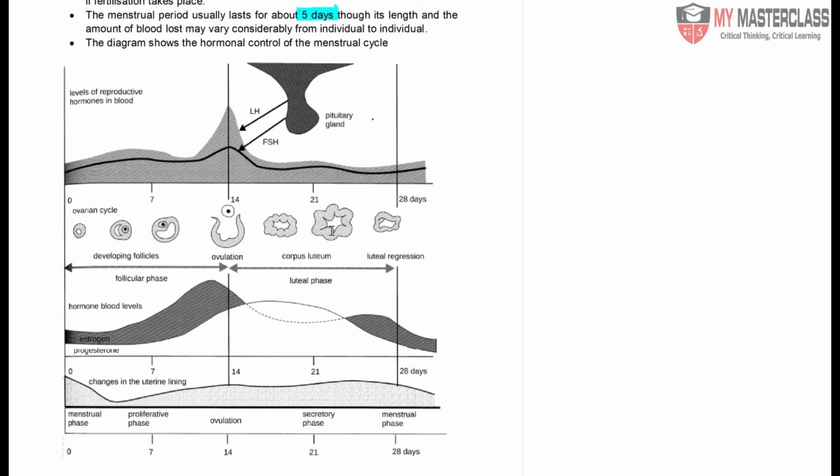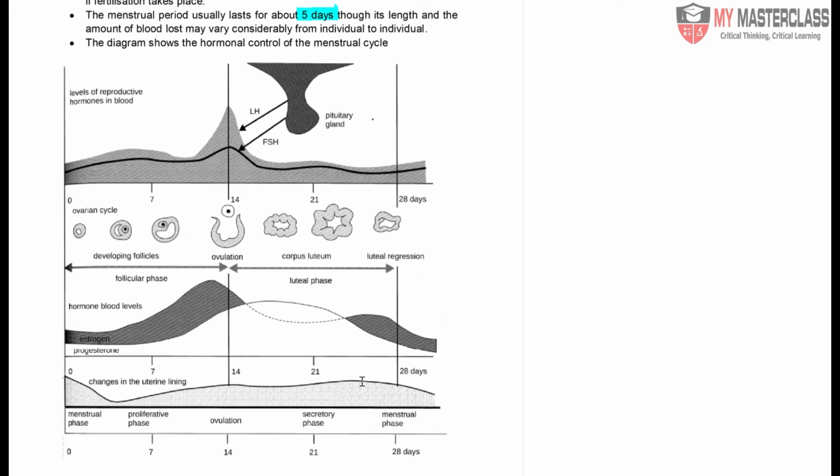The formation of the corpus luteum, which produces my progesterone, will inhibit both my FSH and my LH levels. The purpose of the progesterone is to maintain my uterine lining.